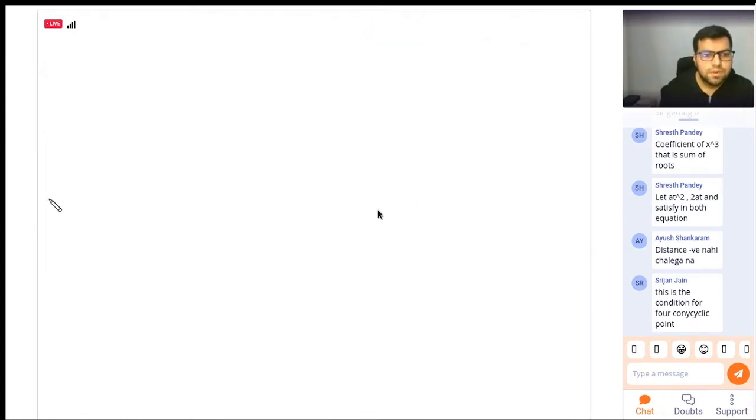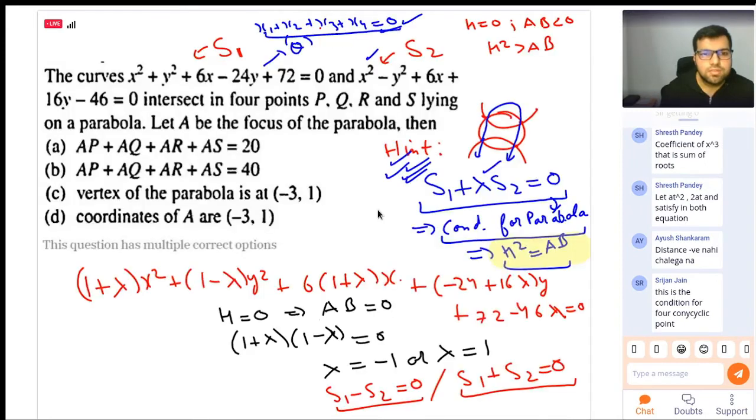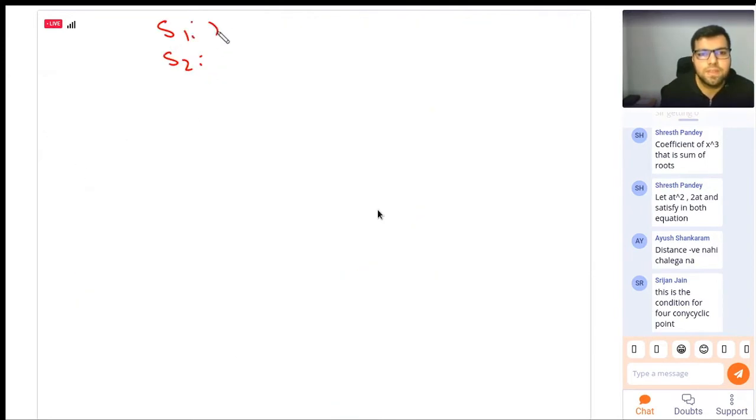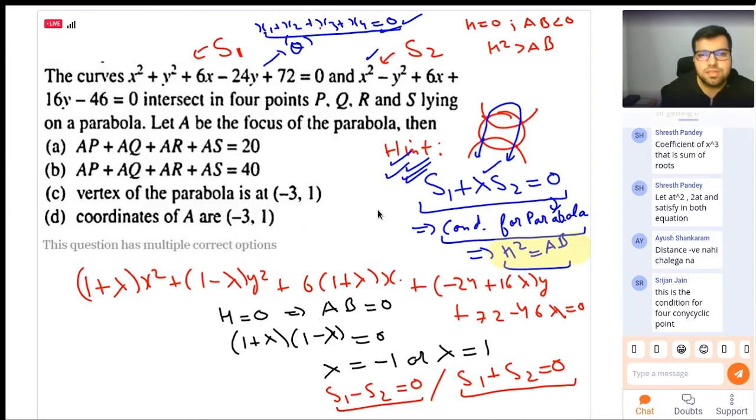Okay, so first, let me write S1 and S2. S1 is x square plus y square, 6x minus 24y. And S2 is x square minus y square, 6x plus 16y minus 46.